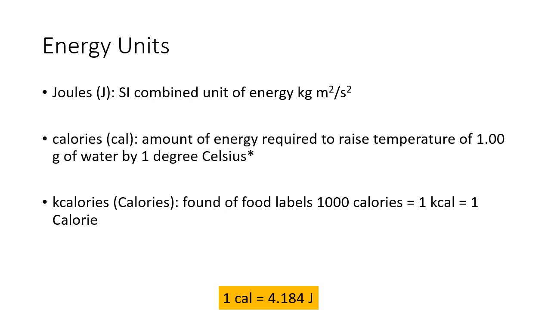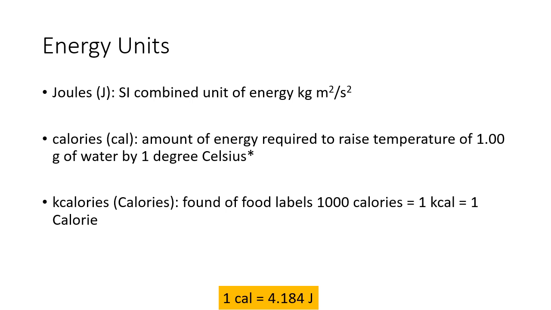Calories, lowercase cal, is the amount of energy required to raise the temperature of 1 gram of water by 1 degree Celsius. And I've got an asterisk here. The reason that I have an asterisk is because this number is actually dependent on sea level and being at room temperature when you start the experiment. It's very important.